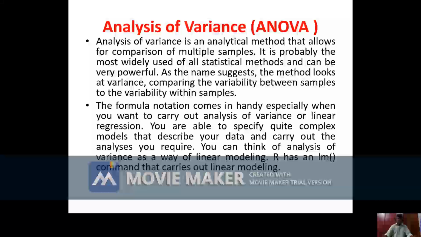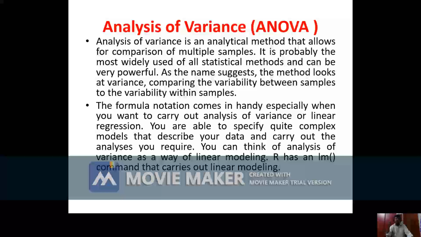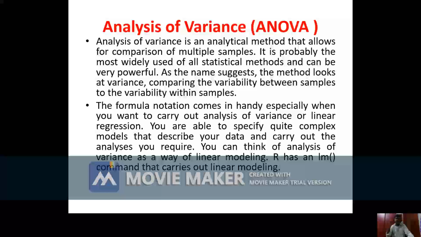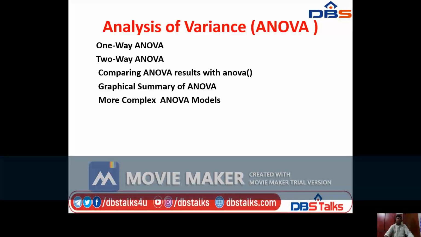For this purpose we are using ANOVA. The formula notation comes in handy. In this case also we use the formula notation to specify the ANOVA. When coming to the analysis of variance or linear regression, for the purpose of linear modeling we use the lm command.